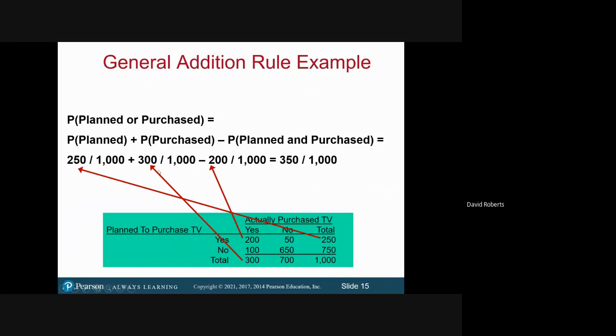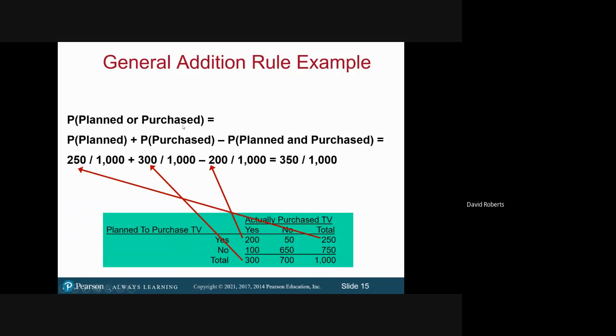So you can see where they get the numbers on it. You take the total from the yes row, the total from the yes column, and then subtract the intersection point to make that more clear.